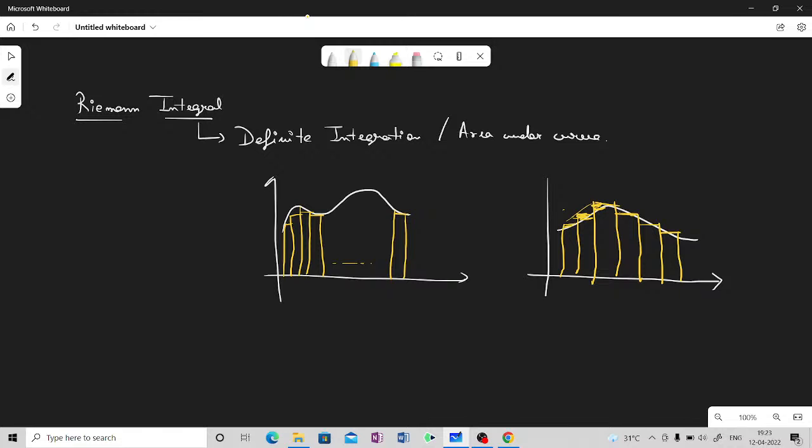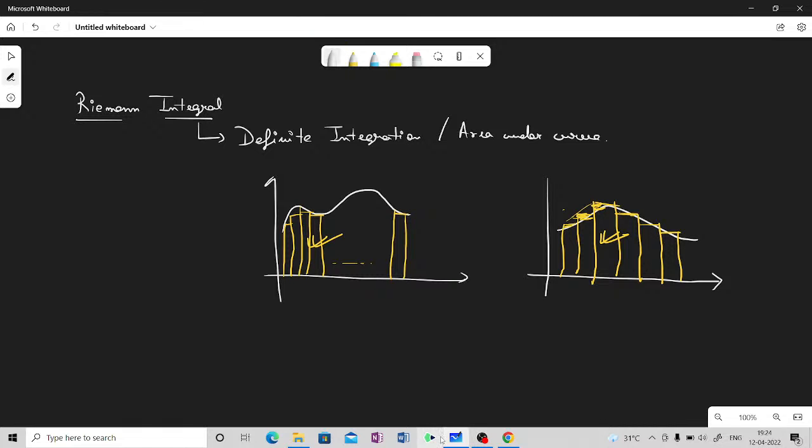If the total sum of the areas of these rectangles and the total sum of the areas of those rectangles equal each other, then we can say that the area under the curve is given by that common area, because the two can equal each other only if they give you the area under the curve, right? So this is the kind of backbone of Riemann integral. Clear?